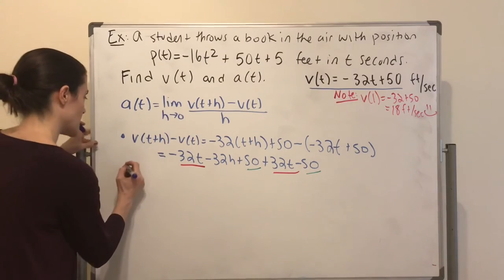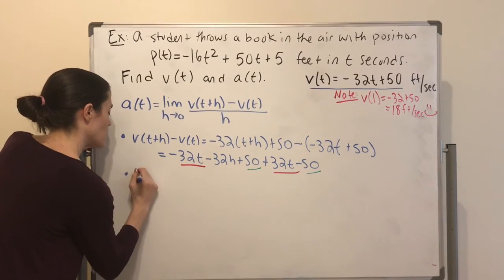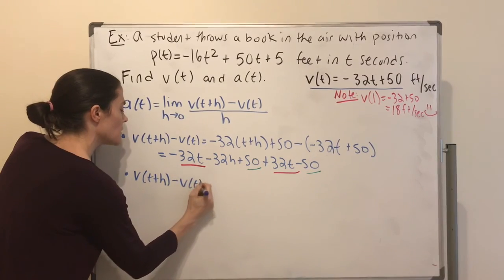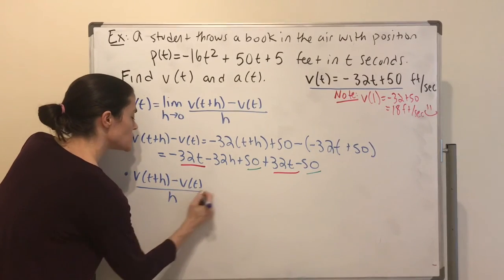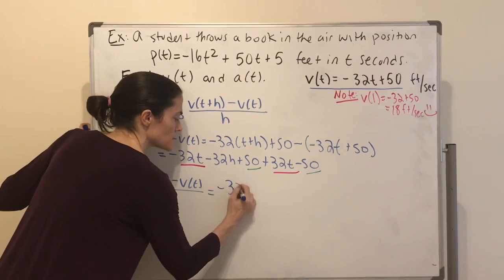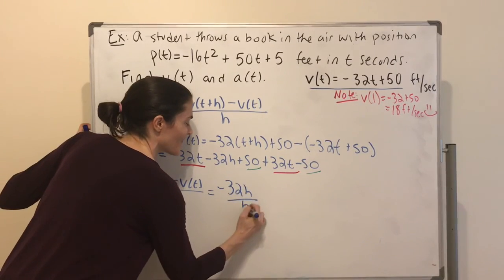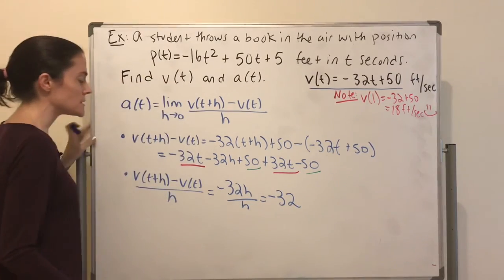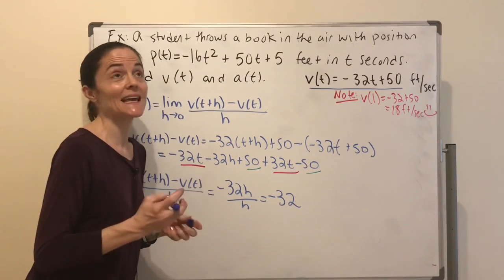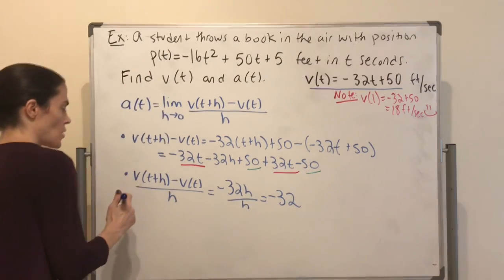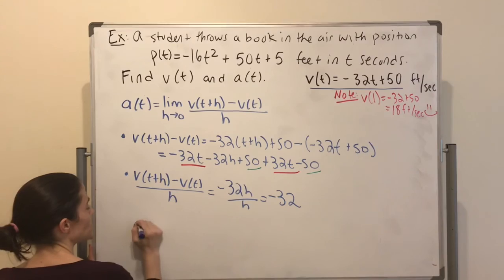So now I can take v of t plus h minus v of t over h. Well, if you divide, maybe I'll do it in 2 steps this time, although I don't necessarily need to, we get minus 32. Well, what happens when you take a limit as h goes to 0? Well, there's no h here.